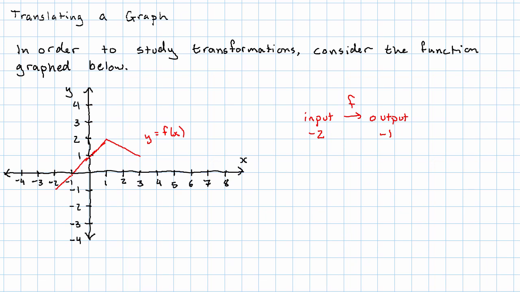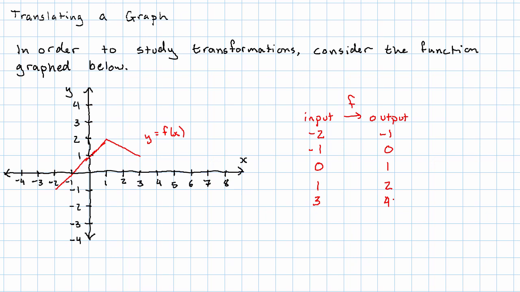We see the point -1, 0. So if the input is -1, the output is 0. If the input is 0, the output is 1. If the input is 1, the output is 2. And if the input is 3, the output is 4. So here's my basic function.